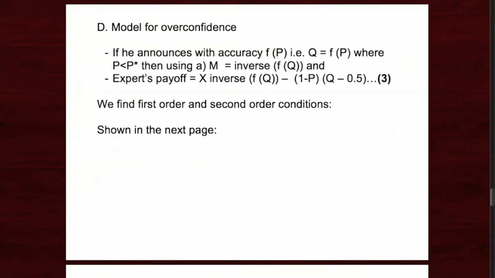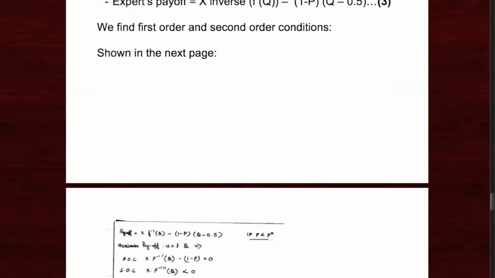So if we announce with accuracy f(p) and not f(p star) like previously, we now take p to be between 0.5 and p star, Q is equal to f(p), and where p is less than p star, then using the inverse of f(q) again, we get the expert payoff as this. So we find the first order and second order conditions. Again, the derivation is shown on the next page.